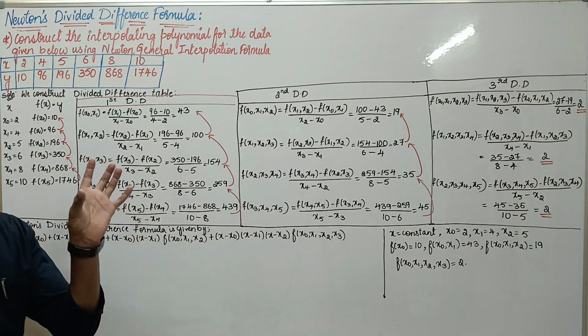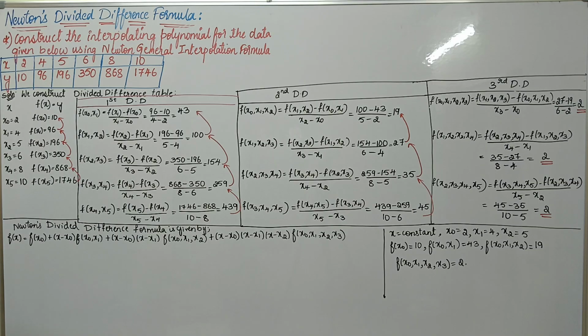Considering these values, I am going to simplify in Newton's divided difference formula. I am going to find the polynomial function. f of x is equal to, what is f of x naught?